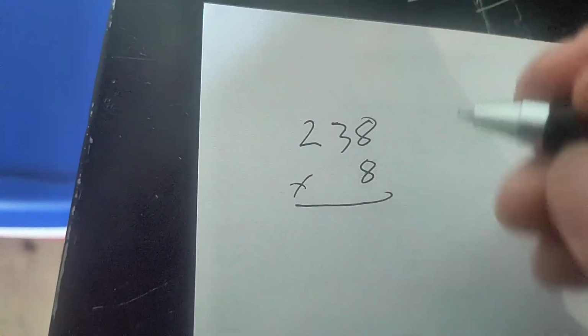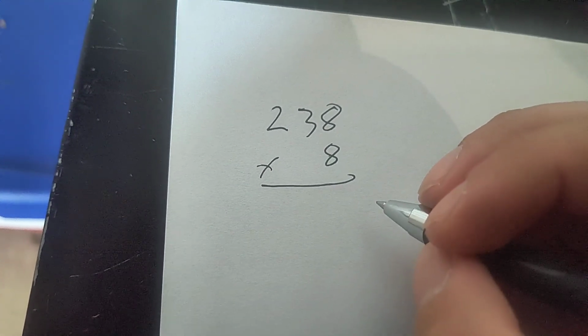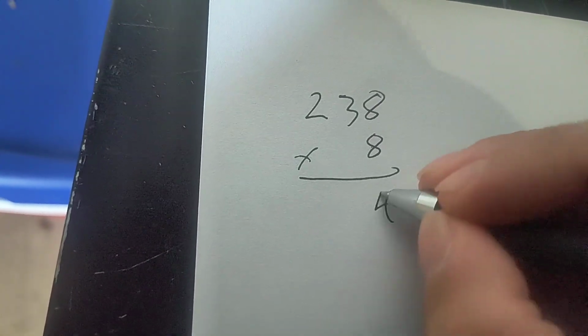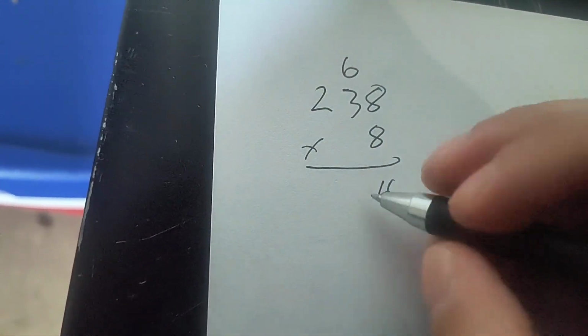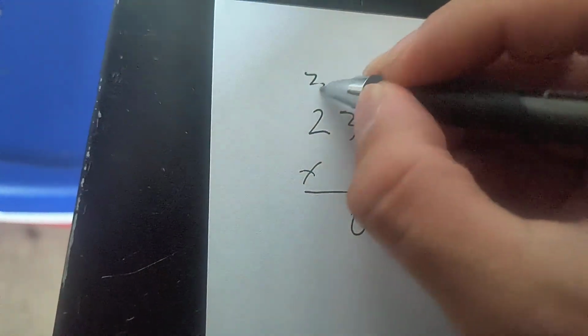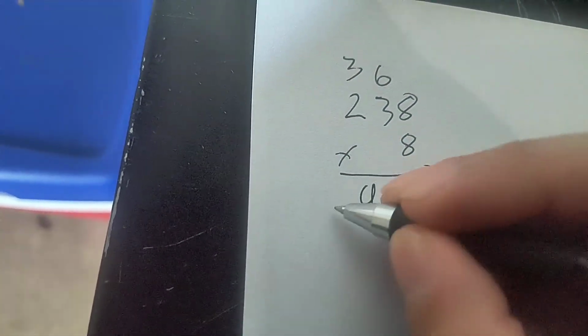238. We'll do this over here. 238. 8 times 8 is 64. 8 times 3 is 24. Plus the 6 is 30. 8 times 2 is 16. Plus 3 is 19.